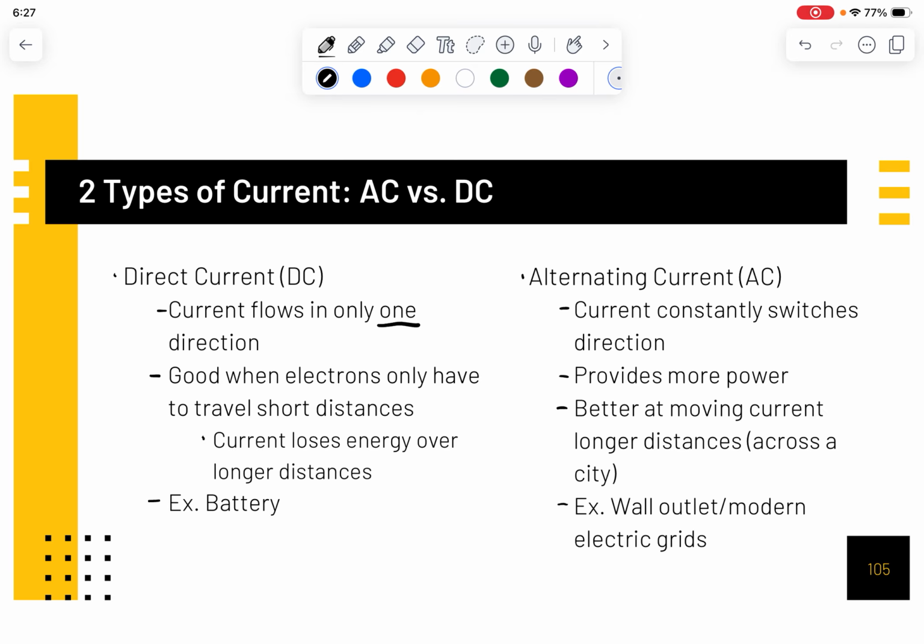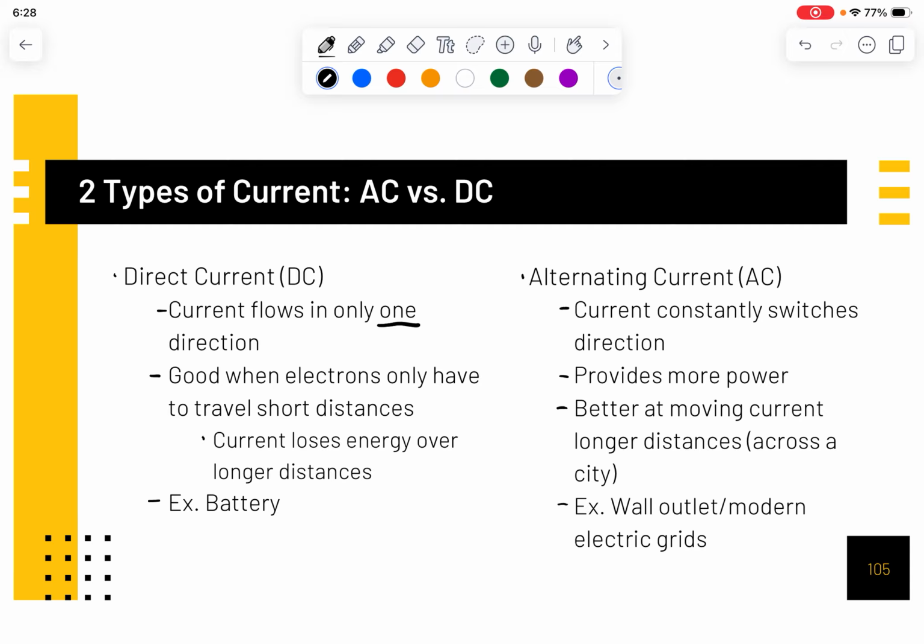This ends up being really good if we only want the charge to move over a very short distance. It's the easiest for us to wire. We use this for some sort of small scale application, something like a TV remote that's being powered by a battery. That battery can move our charge in one direction over a very small distance.